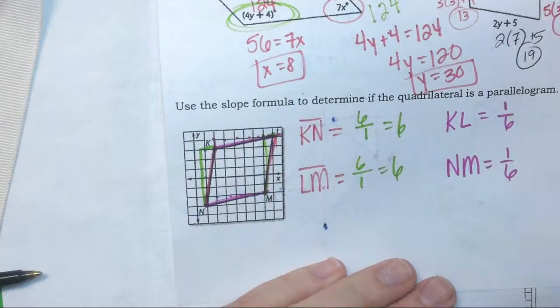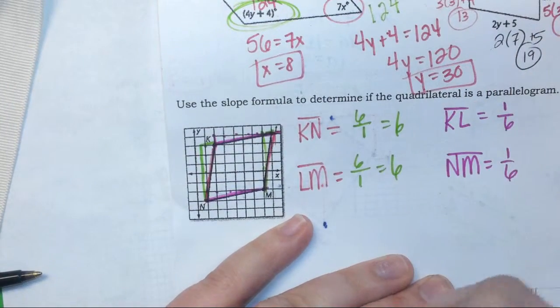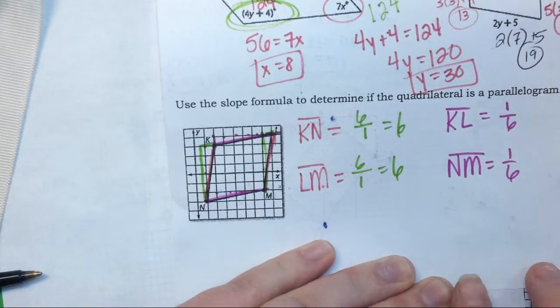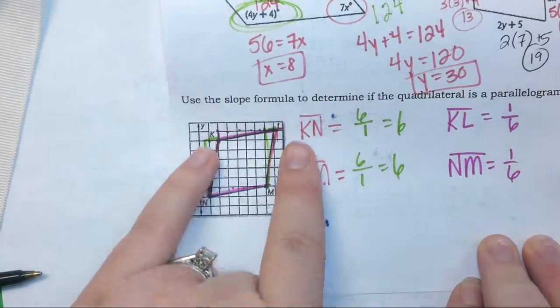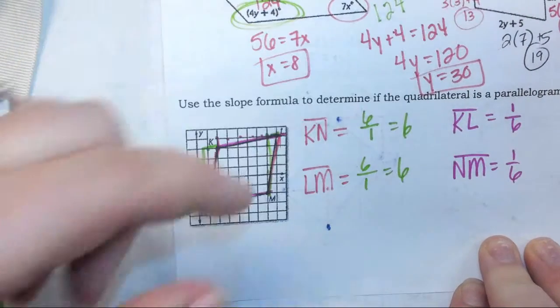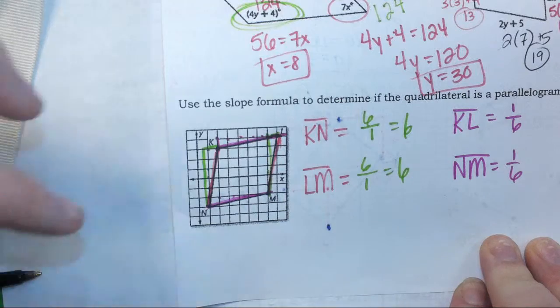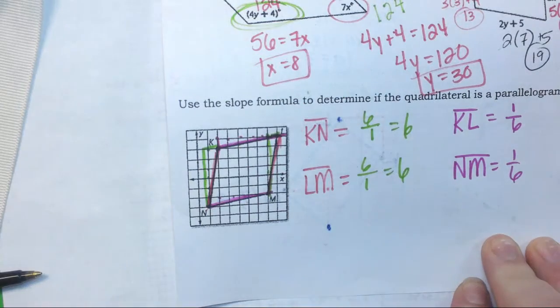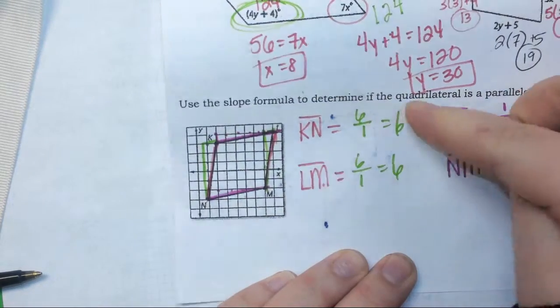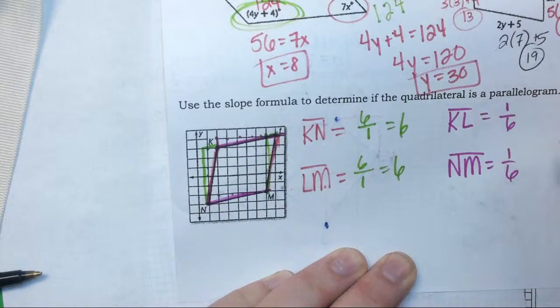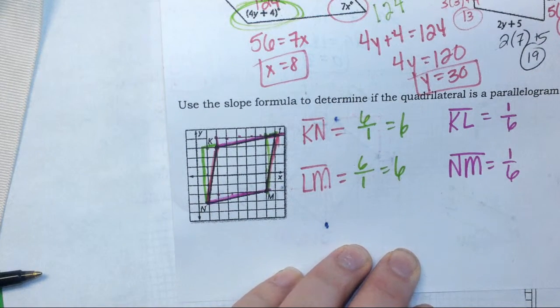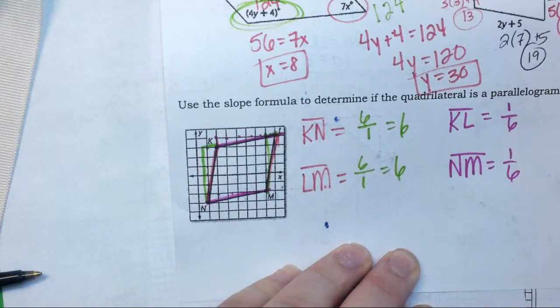So I'll end up showing, and my colors aren't very good, the two red lines, KN and LM, have the same slope. And I show KL and NM have the same slopes. So since I kept getting 6 and 6 and then 1 over 6 and 1 over 6, I've shown that I have a parallelogram. Because all the sides are the same slope, so they are parallel. Well, opposite sides are parallel.